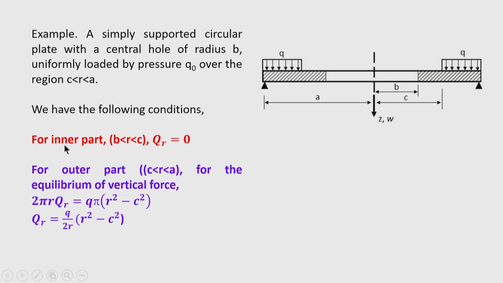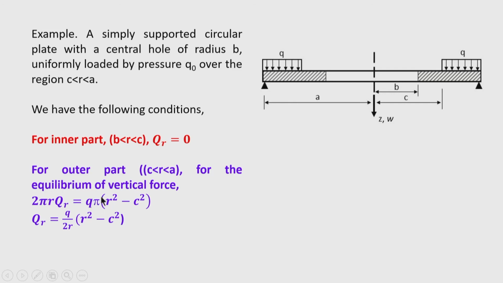So, the inner part is B to C where no load is acting, and the outer part is from C to A. Now, if I see the vertical force equilibrium in the outer part, we can see that the total shearing force at any slice will be 2 pi r q r, equal to the total vertical load acting on the slice.